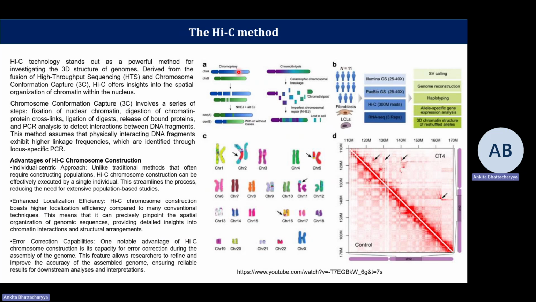One major notable advantage of Hi-C chromosome construction is the capacity for error correction during the assembly of the genome, which allows researchers to refine and improve the accuracy of the assembled genome and ensure reliable results for downstream analyses and interpretations.